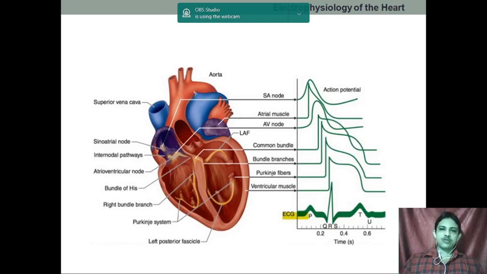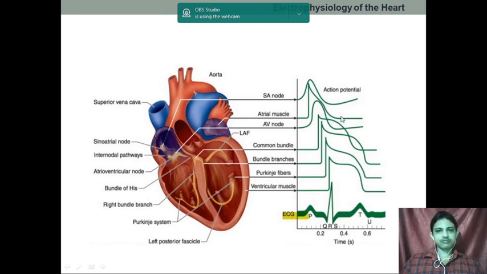Now coming to the SA node, you can find the action potential, already we have told. Next is the atrial muscle. In the atrial muscle, the depolarization is very fast, then again rapid repolarization.